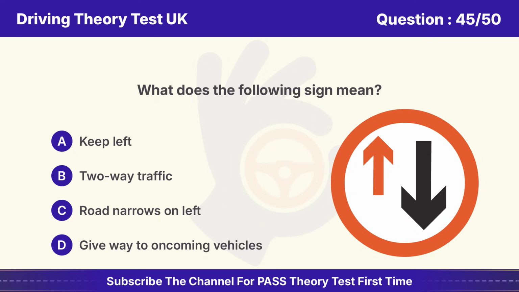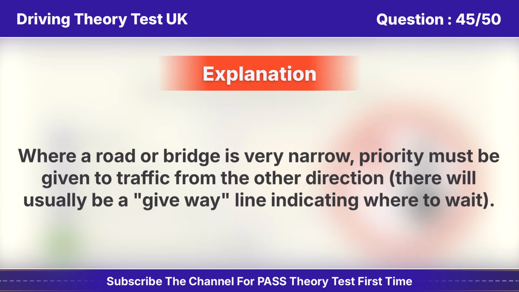What does the following sign mean? Answer is D. Give way to oncoming vehicles. Where a road or bridge is very narrow, priority must be given to traffic from the other direction. There will usually be a give way line indicating where to wait.